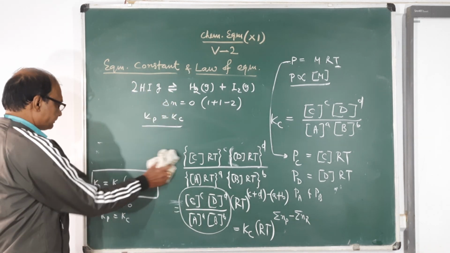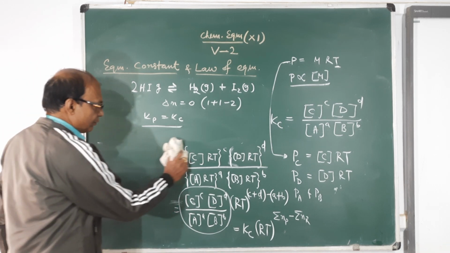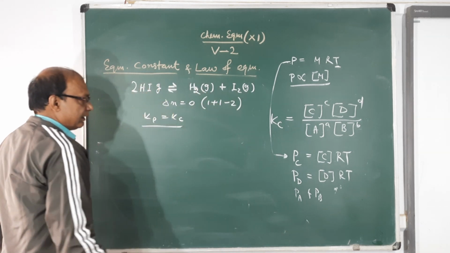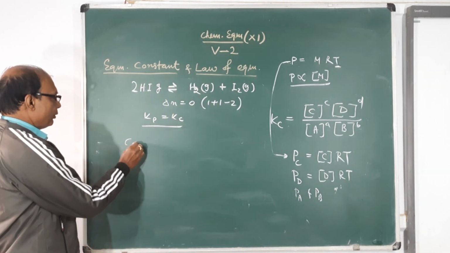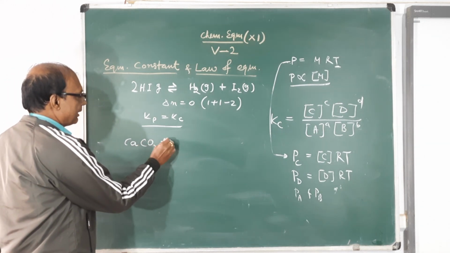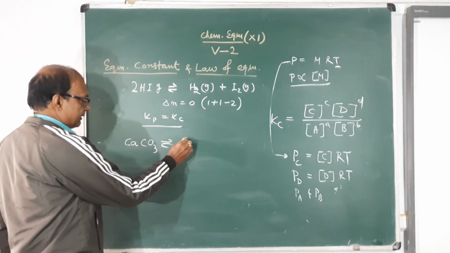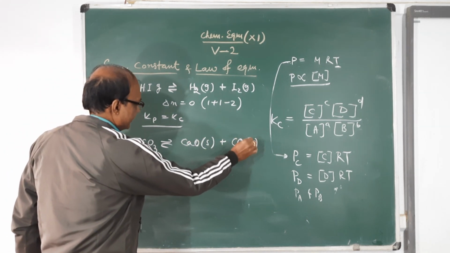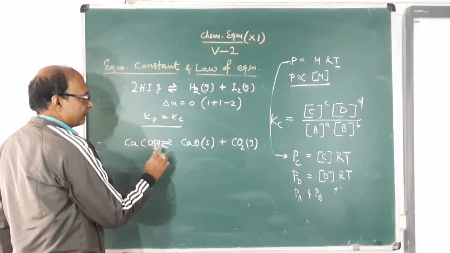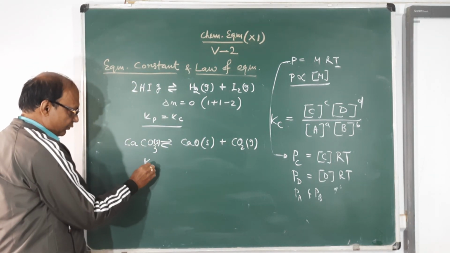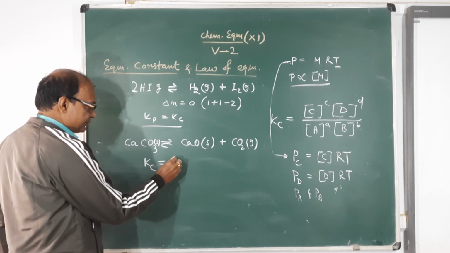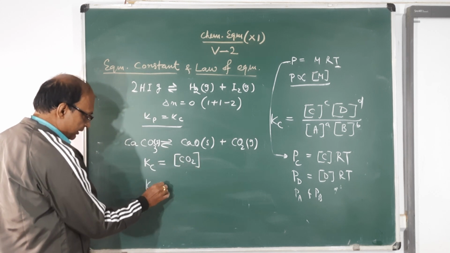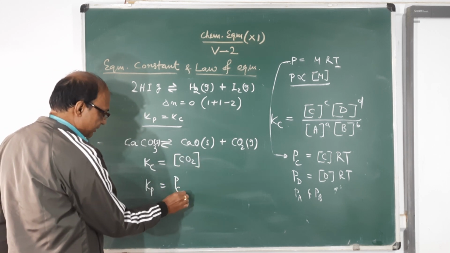Now, I am giving you some more examples of equilibrium systems to write the expression of Kp and Kc. You have already seen this example: CaCO3 gives CaO plus CO2. There is only one gaseous component, the others are solids. Therefore, for this equilibrium system, Kc equals the molar concentration of carbon dioxide and Kp equals the partial pressure of carbon dioxide.